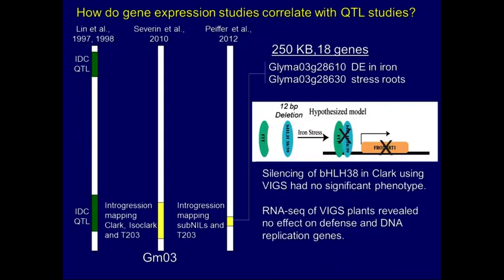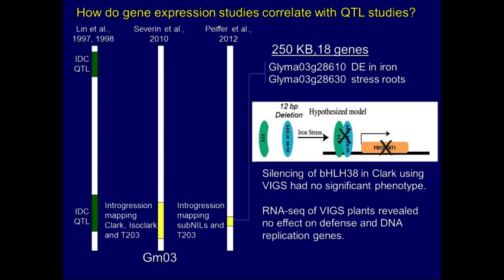One of the things that expression studies have been criticized for is that they have not really correlated well with QTLs. And when we look at our own data, what we see in soybean does not necessarily correlate with Arabidopsis. A lot of work has been done to characterize the main IDC QTL on soybean chromosome 3.